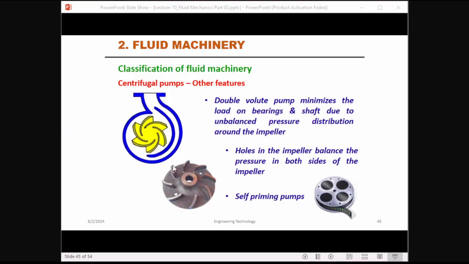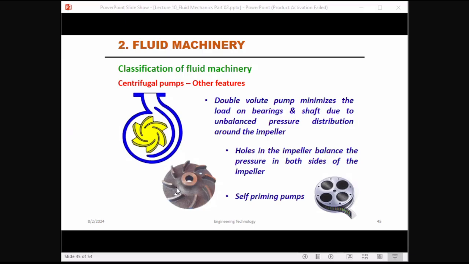This will help to balance pressure on both sides of the impeller. These holes allow fluid to flow through and balance the pressure on both sides, reducing unbalanced forces.